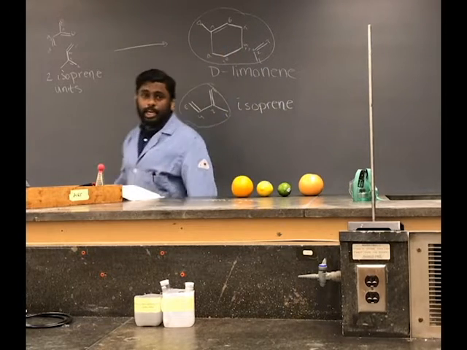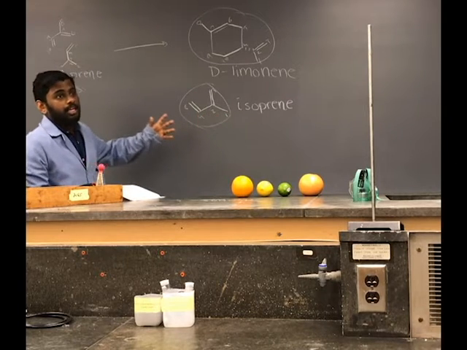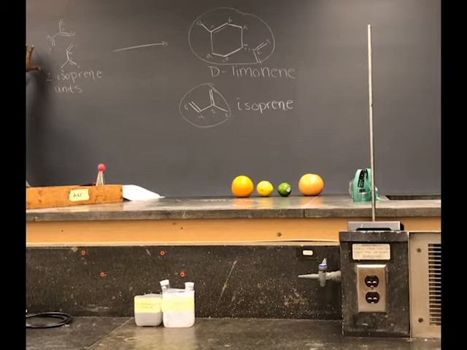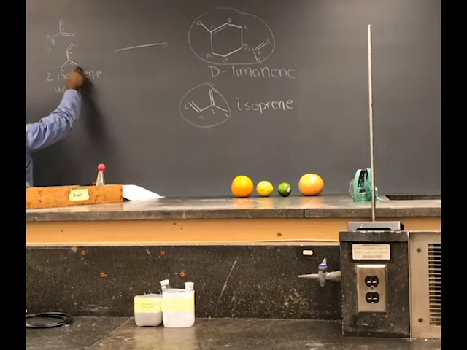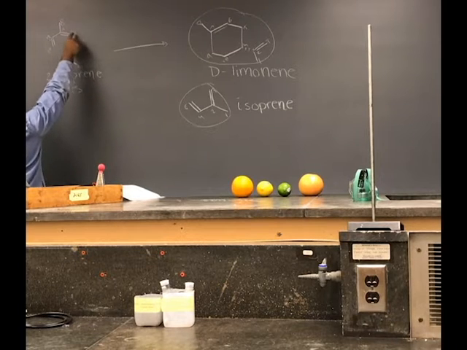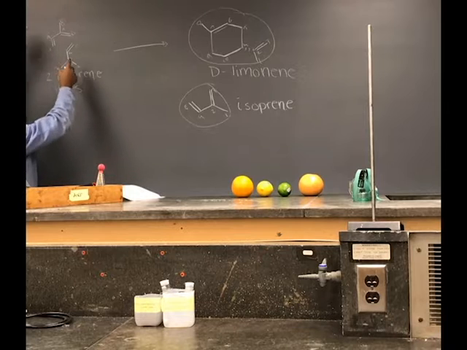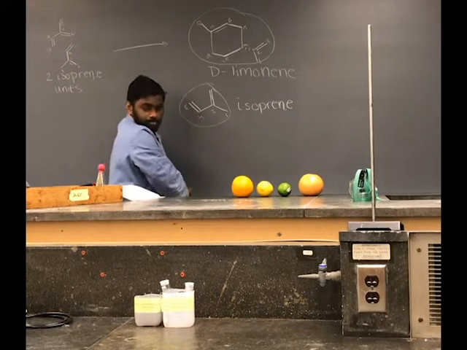That makes D-limonene an assembly of 2 isoprene units, aka it's a monoterpenoid. Now if you look here, you can see how it is basically assembled. You can see 2 isoprene units here, 1, 2, 3, 4, 5, 6, 7, 8, 9, 10. So it's 2 isoprene units assembled to form D-limonene.